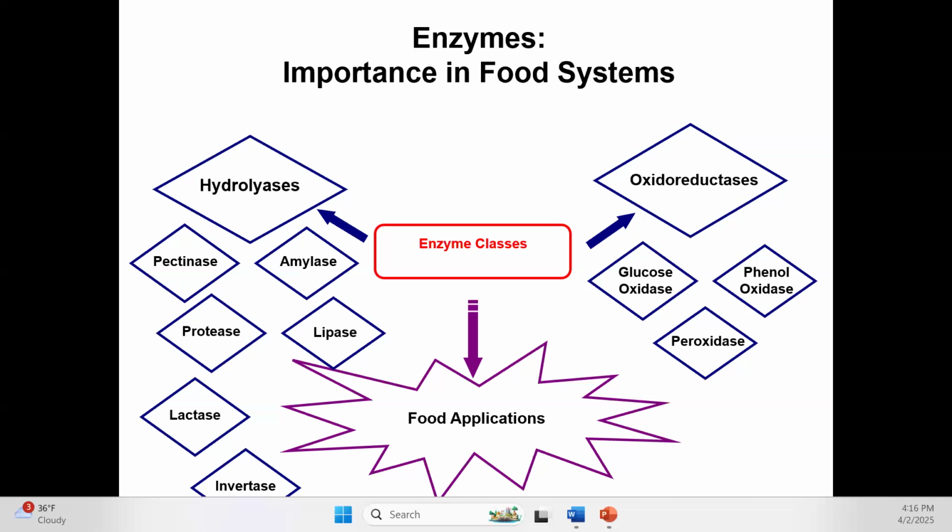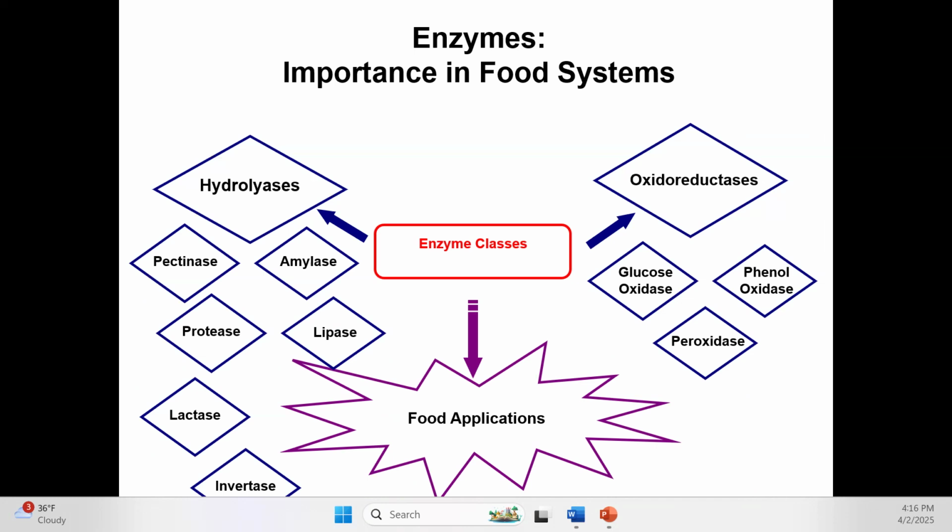Okay. We said we have 6 classes, but I'll be talking about the important classes in foods. We can't talk about all of them. Transferase and isomerase are important, but the biggest classes are hydrolases and oxidoreductases.